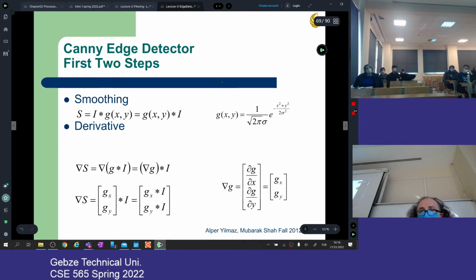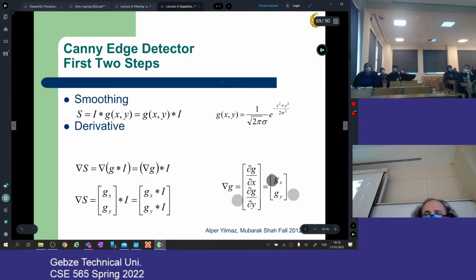So first, smoothing, we already know that. Smooth the image with the Gaussian. So sigma is one of our parameters now. After the smoothing, take the derivative. That's what we are going to do. So maybe I should take the derivative of the Gaussian in the x and y dimensions and apply these operators.